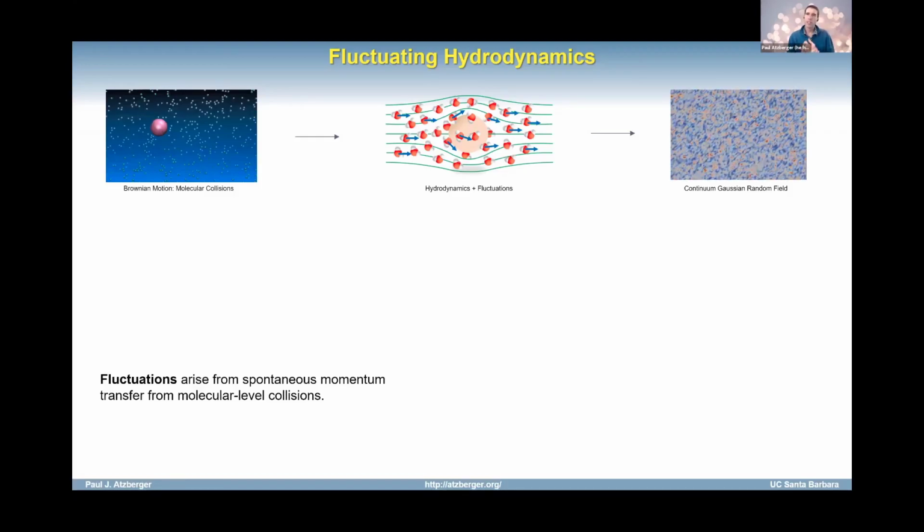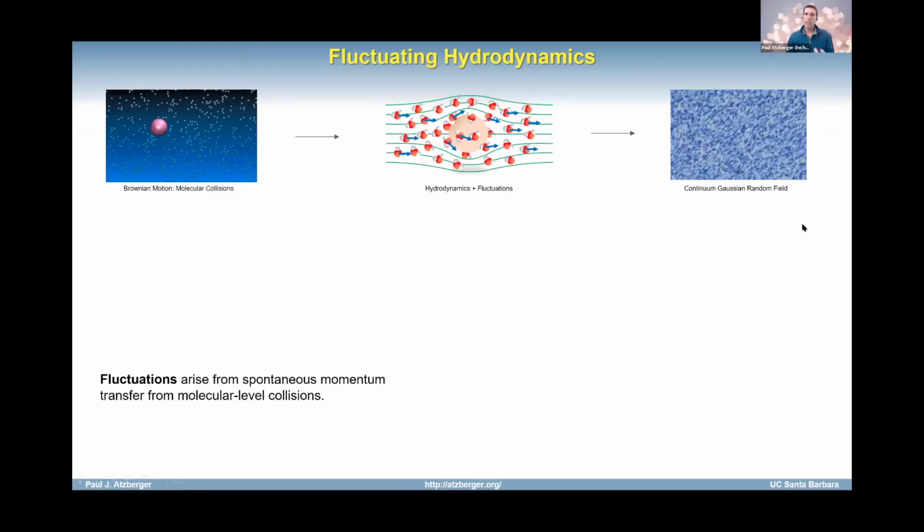One of the interesting things that will emerge from this is that we're going to have random fields with fluctuations, but the momentum, if you were to integrate it over the entire domain, will actually remain constant. So it's essentially going to be spontaneously pushing momentum around in the system. And what we want to do is do this in a manner that's consistent with statistical mechanics. And I'll show how we derive those correlation structures in a little bit.